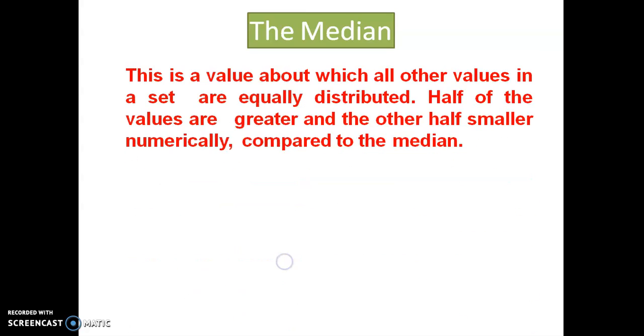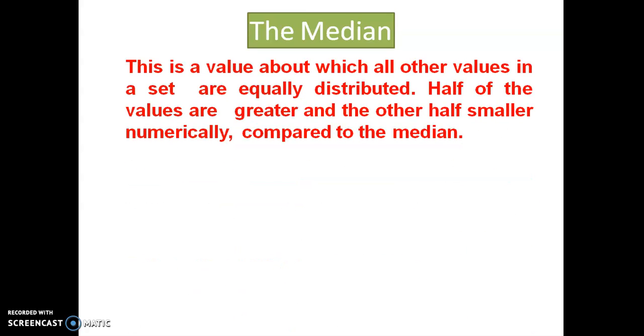Now we see the median. This is a value about which all other values in a set are equally distributed. Half of the values are greater and the other half smaller numerically compared to the median.